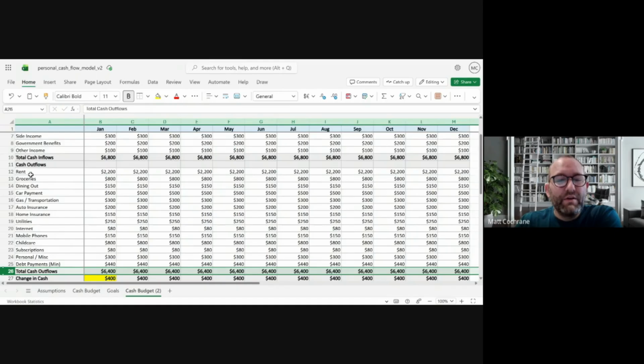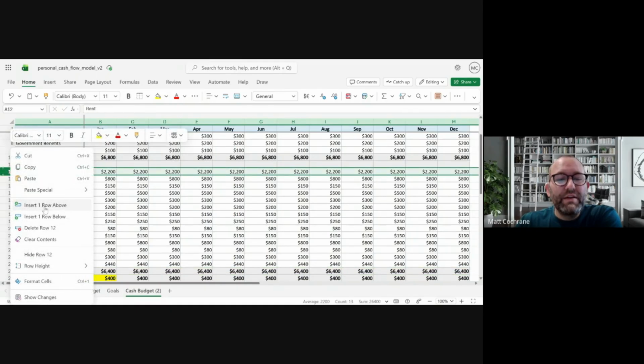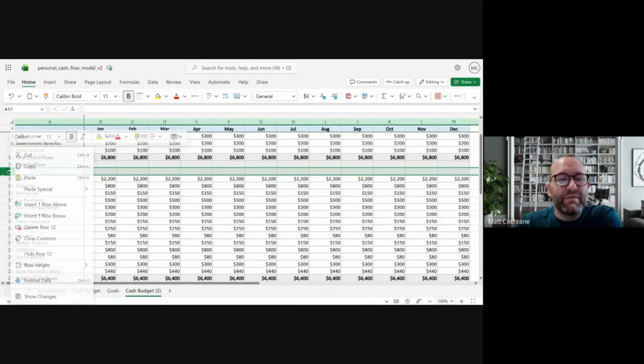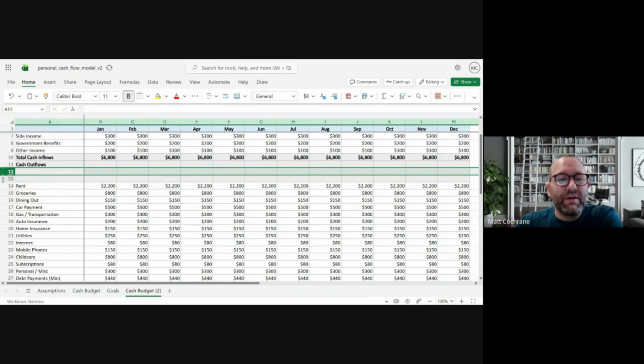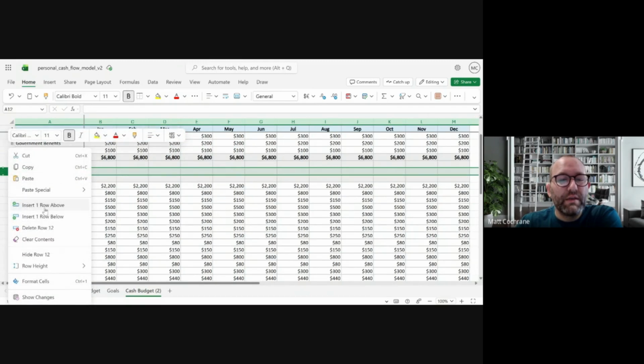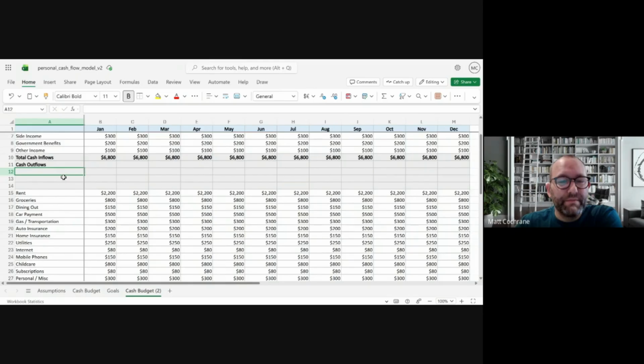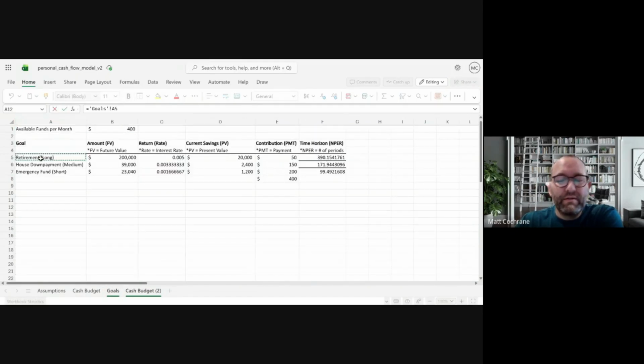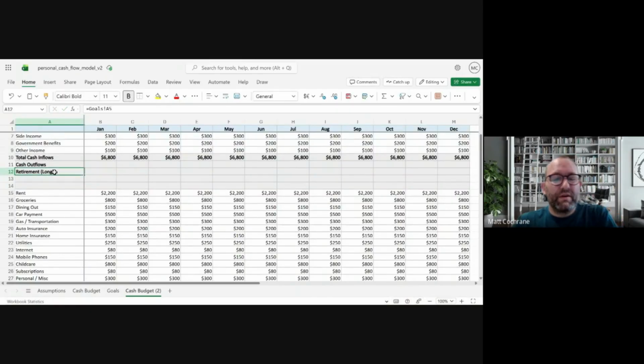Okay, so there's a rule in personal finance: always pay yourself first. So we're going to put these at the top, and I'm just inserting these rows. We want to grab the goal here. So we have our retirement, and if we just drag this down, okay, there we go.